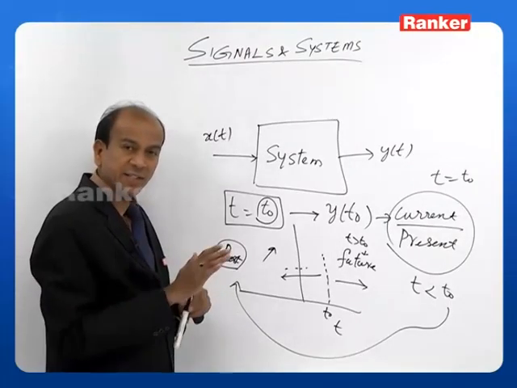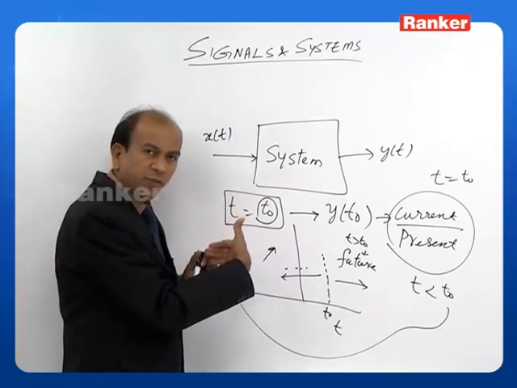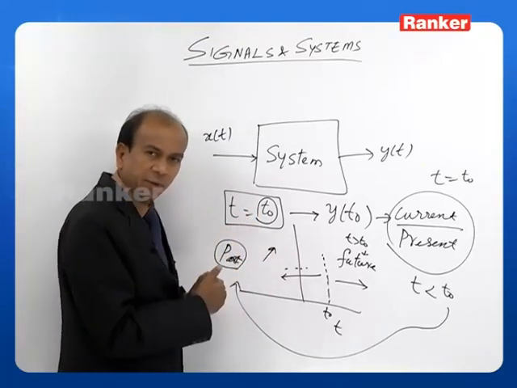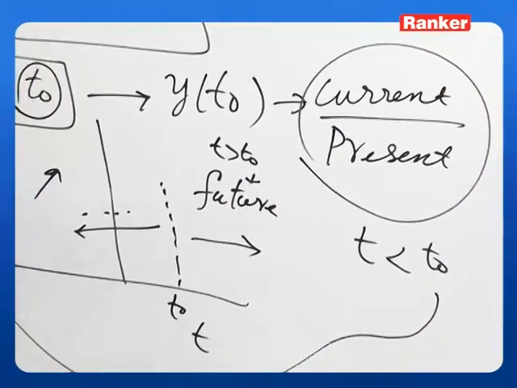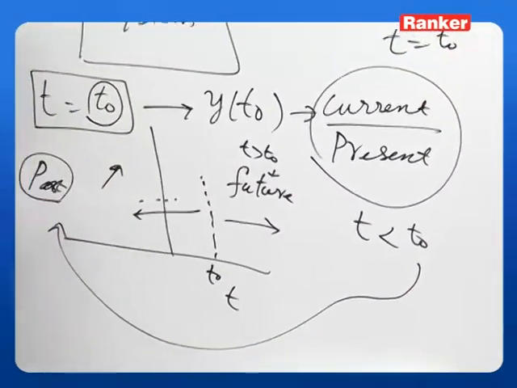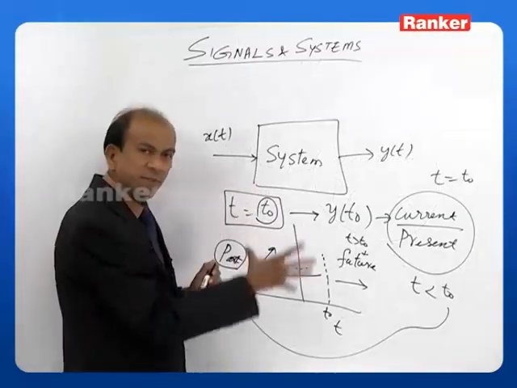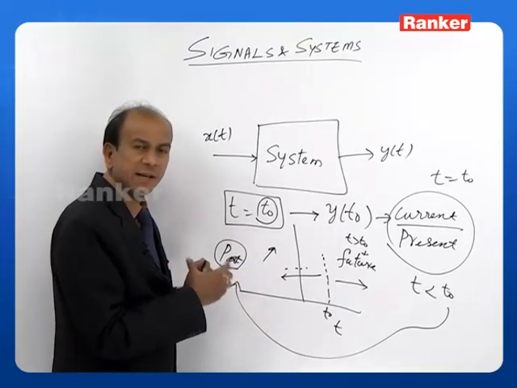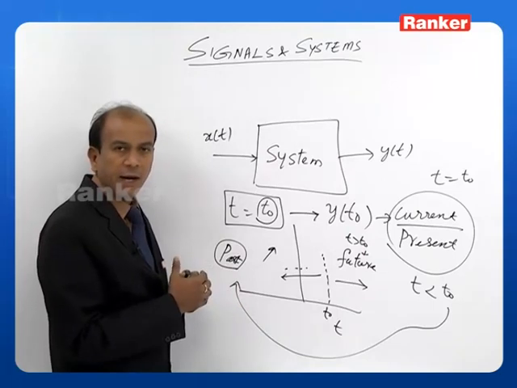So now let us analyze the systems on this understanding. This must be clear. X of t0 is the current input, x of t for t greater than t0 is the future input, and x of t for t less than t0 is the past input. So we have these three types of inputs which help us in analyzing any system in further discussions.